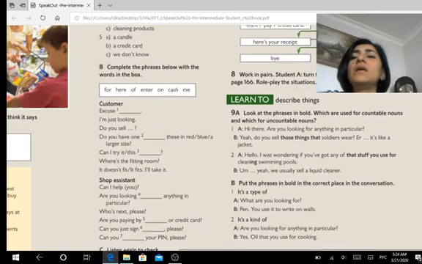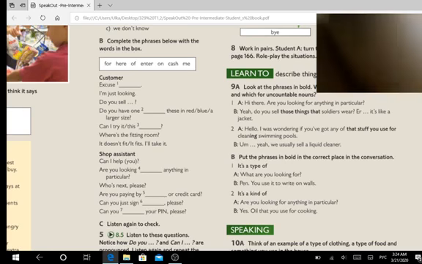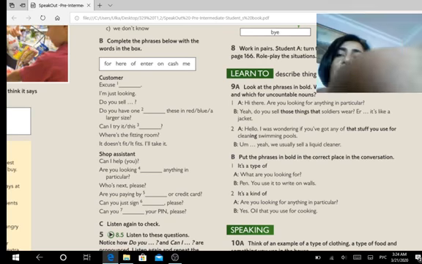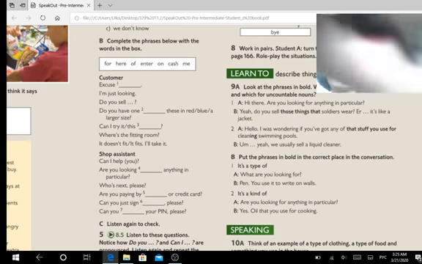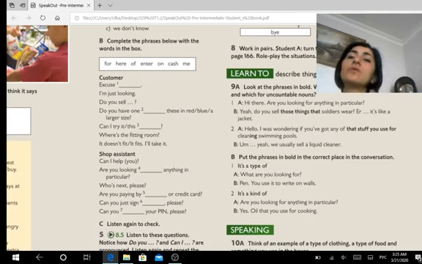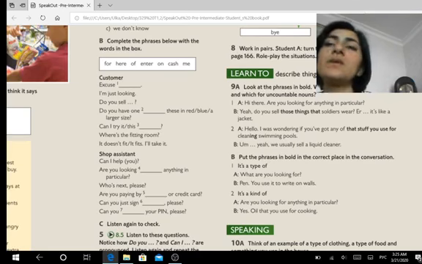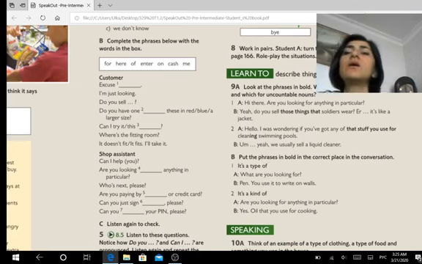In B, you have just, we always say, fixed phrases from the dialogue. It's like between customer and shop assistant. And you have a box. It's easy because in your box you have all the hints, which words you can use in your dialogues to complete your dialogue.